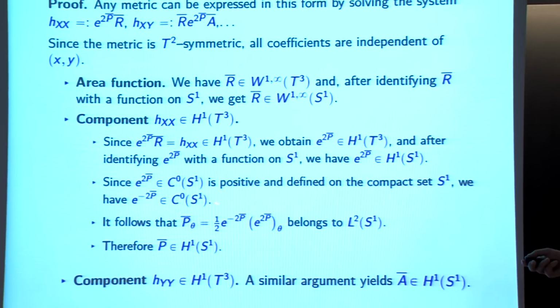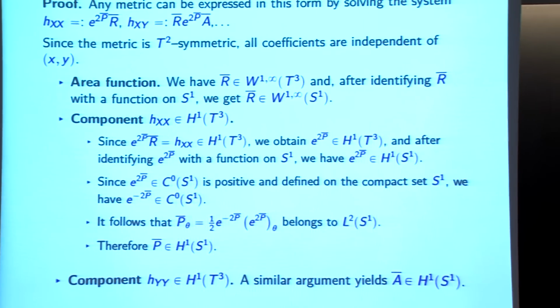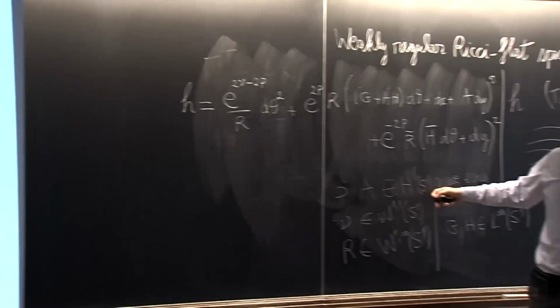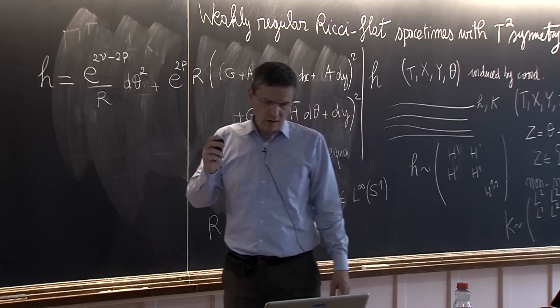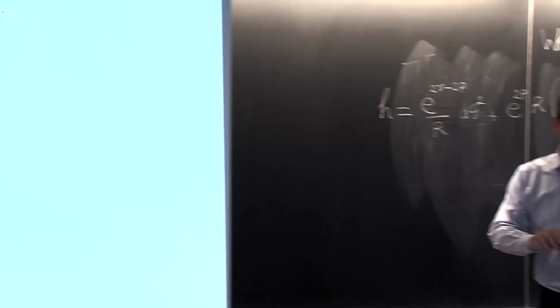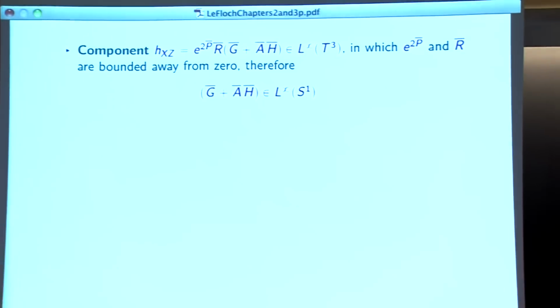I'm really saying something rather easy here: if I know that a combination E2P is in H1, then P itself is in H1. Okay? So that's what I'm saying here. P belongs to H1. Okay? And that's one regularity condition that we wanted to achieve. The argument for A is similar. And we can continue now with some additional components.